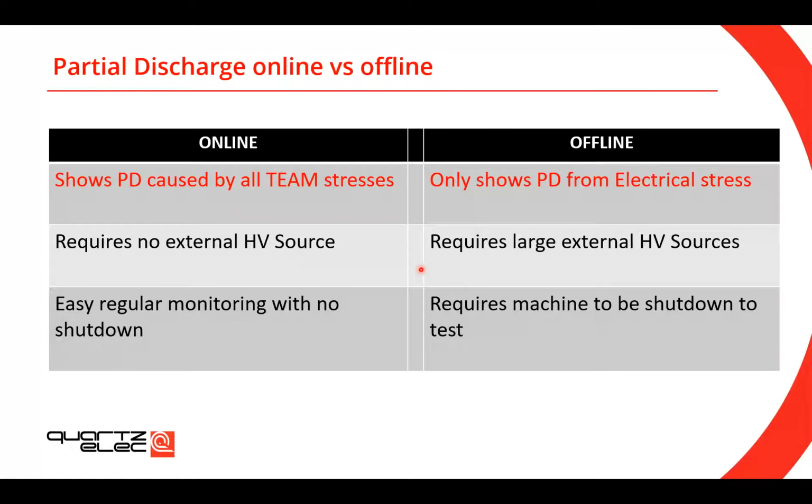If you, however, perform a partial discharge test online, only part of the phase will see the high voltage, because the other part that is connected to your star connection will be close to zero. So again, we could argue whether an offline test will give you a full picture of the PD activity in your machines.